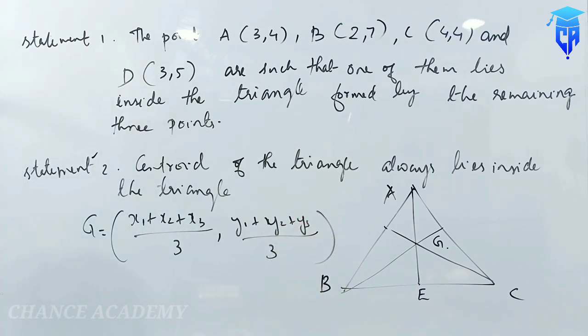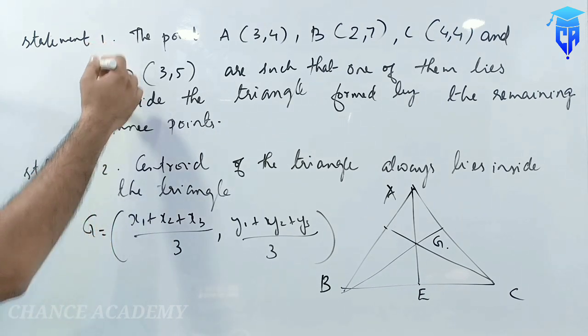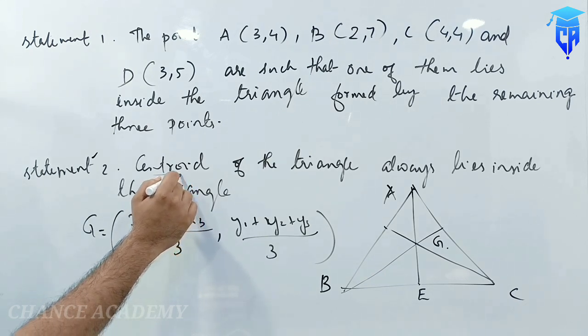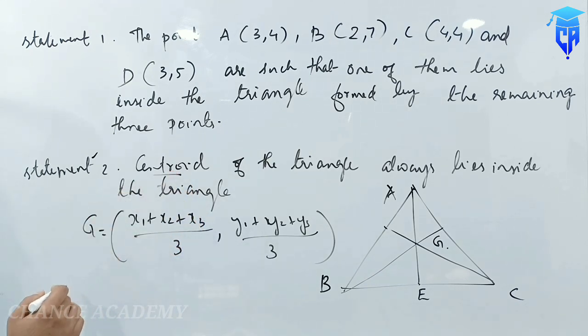So in this question, since they have mentioned that one point lies inside the triangle, that can be considered as the centroid. Only then can we have a connection between statement 1 and statement 2. So they have given a statement and reason based on the centroid. We can find the centroid taking the first 3 points A, B, C as the vertices of a triangle ABC.